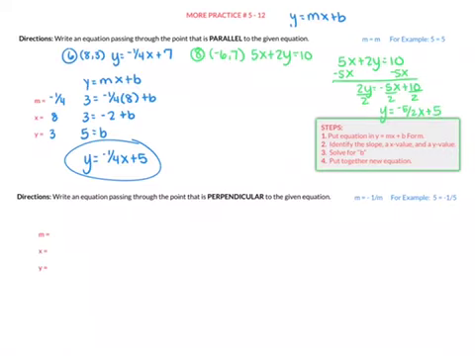For a parallel line, the slope will match, so the m that we're working with is -5/2. The x that was given in the ordered pair is -6, and the y value that we're given in the ordered pair is +7. I'm going to plug these into the equation. We get 7 equals -5/2 multiplied by -6 plus b.